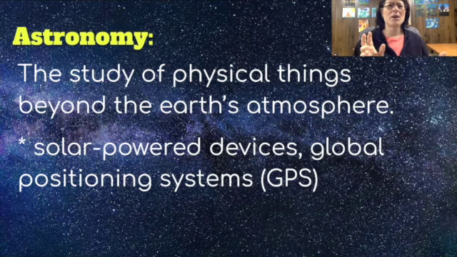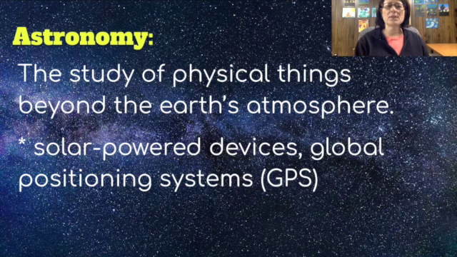So we'll be talking about the solar system, the stars, the moon, the sun, and how some of those things affect us. Now, astronomy has been used to help us devise solar-powered devices, because those satellites out there have to run by something. A lot of them are run by solar power that we can then use here on Earth.